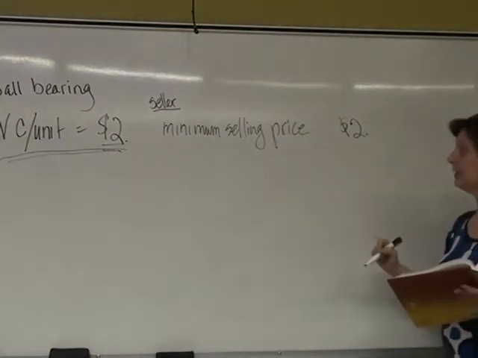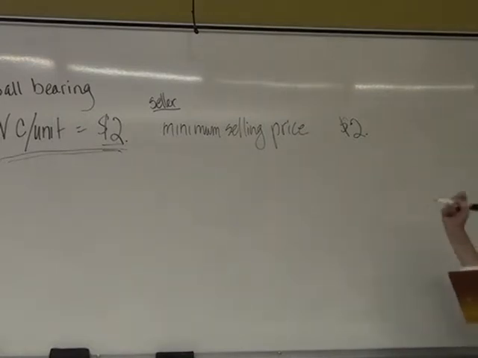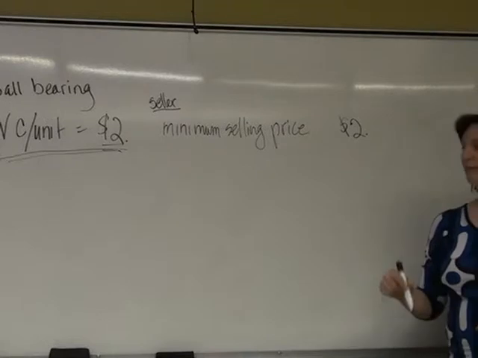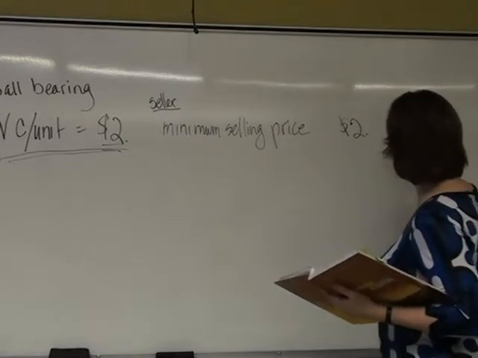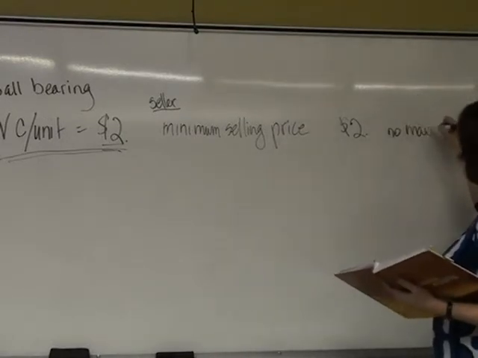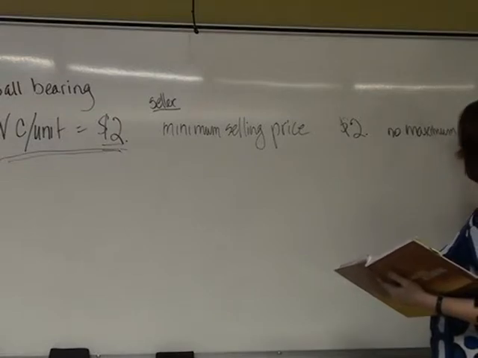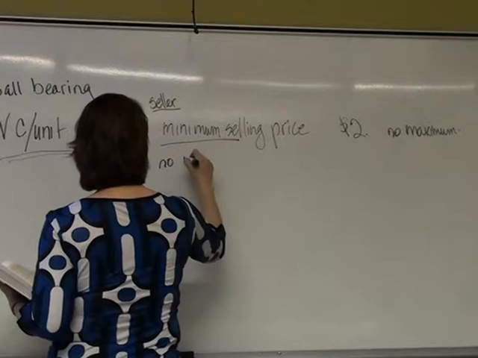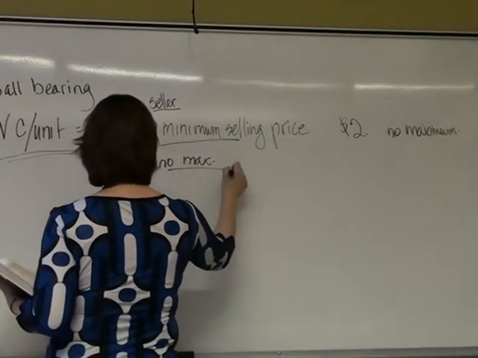Okay? So that's the minimum. What's the most I would take for my ball bearings? Whatever someone will pay. So there is no maximum from my standpoint, right? So the minimum, and then there's no max, for me.